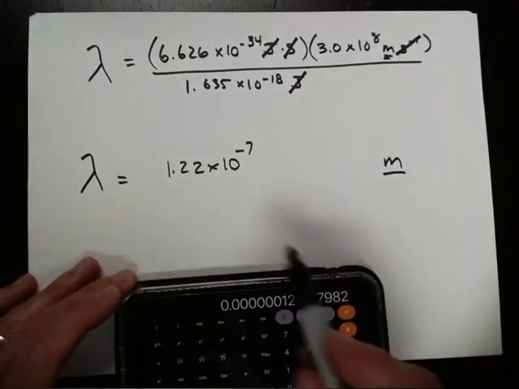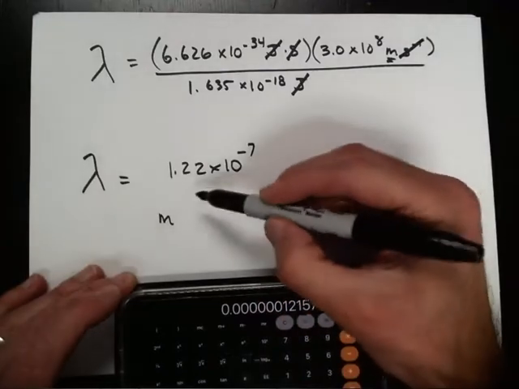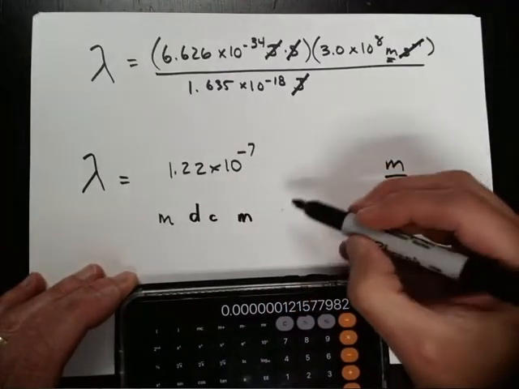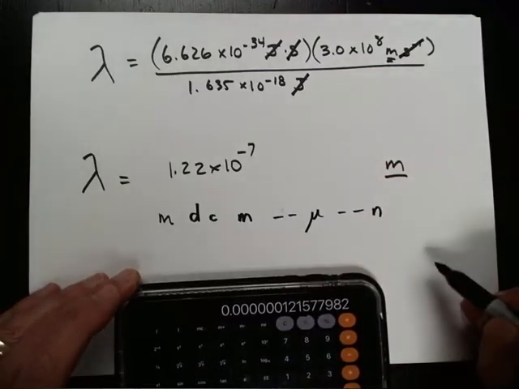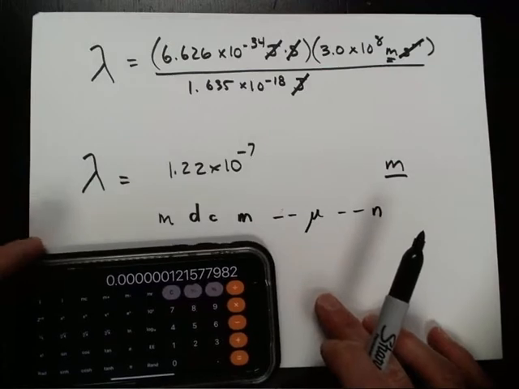Let's go ahead and do that. I'm going to put my base unit here, the meter, and then I remember that it goes deci, centi, milli, double dash, micro, double dash, nano. And in the meter position, we have this particular number here.